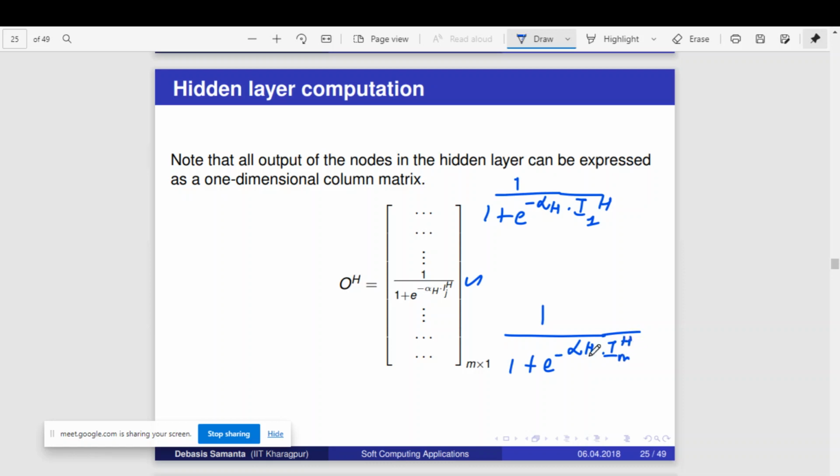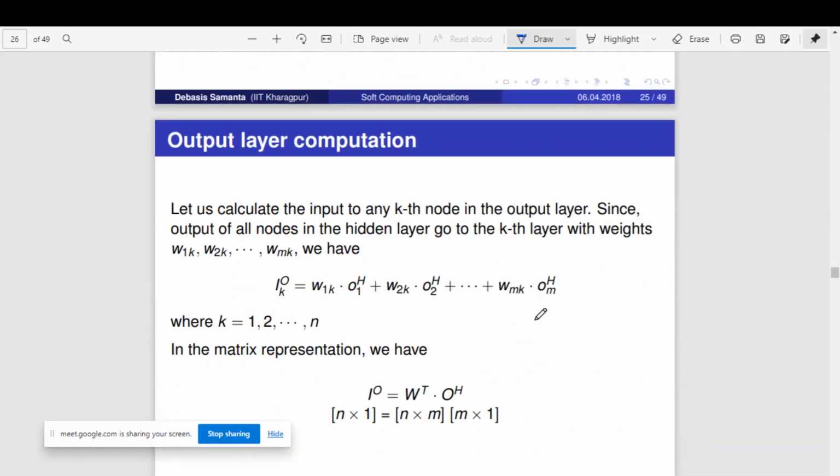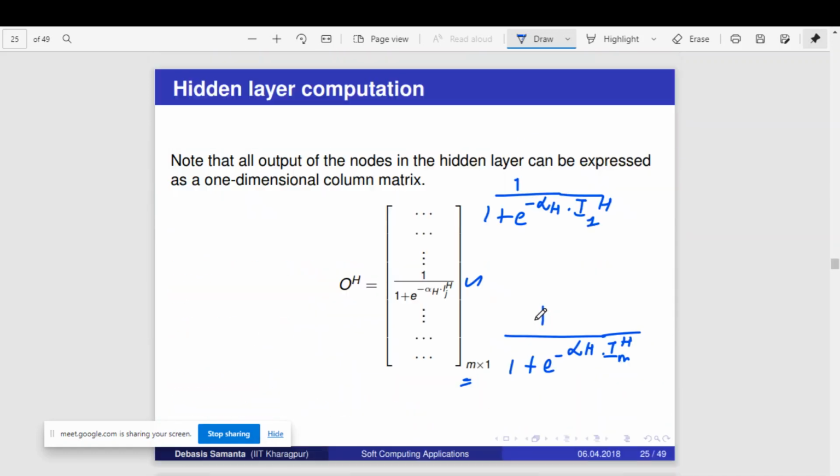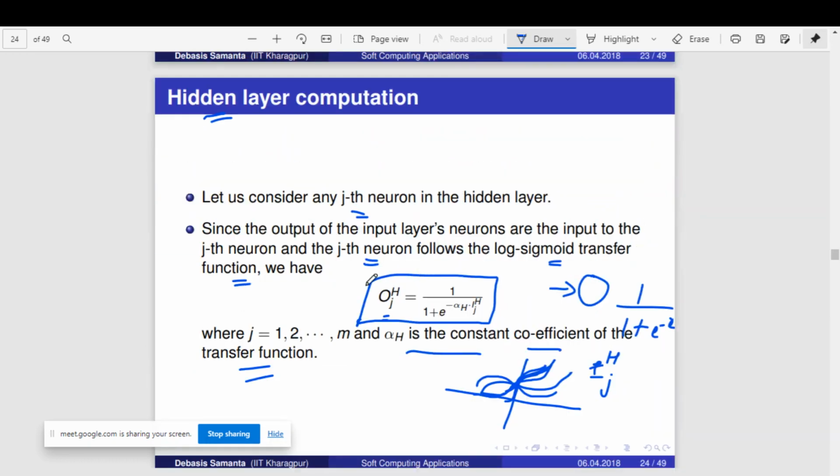Okay, so that's it. Like that, this also is basically a vector. This vector contains m entries, m cross 1. So this is how the hidden layer computation is mathematically represented. Basically this equation is the key equation.